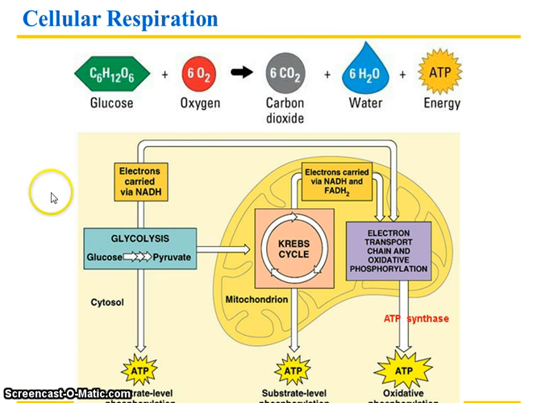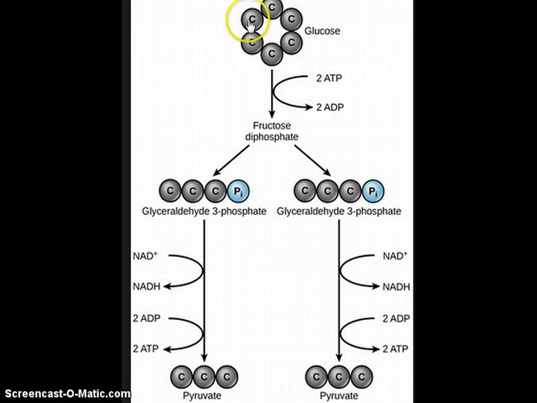So the first step of cellular respiration is called glycolysis. Glyco, sugar, lysis, breakdown. So what happens there is we break down glucose, the C6H12O6, a 6-carbon sugar, down into 2 3-carbon sugars. So here's a picture showing our 6-carbon glucose breaking it down into 2 3-carbon molecules.